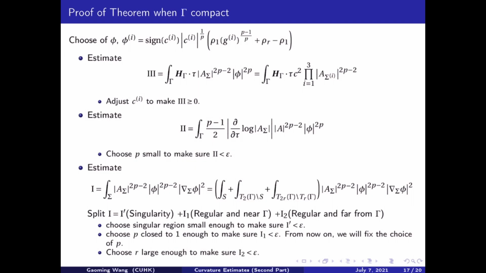Actually, there are a lot of ways to choose suitable C_i and they are elementary. For example, you can change C_1, C_2, C_3 to C_2 minus C_3, C_3 minus C_1, C_1 minus C_2 to change the sign of the third term. For the second term here, as we mentioned before, we need to choose p close to 1 enough to make sure this integration is small enough.